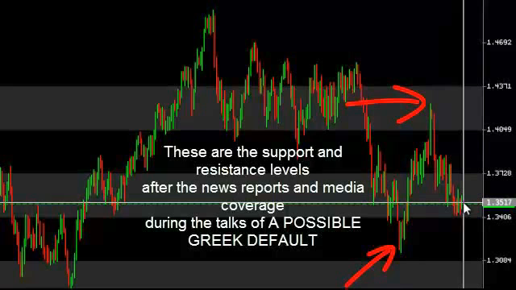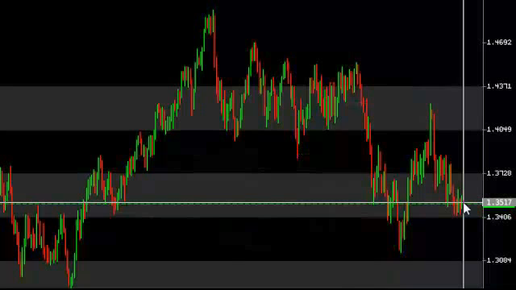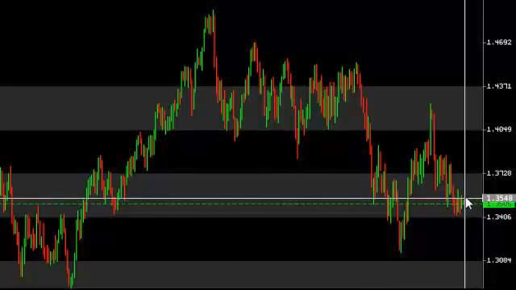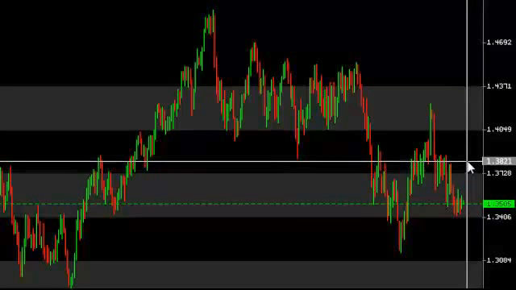What should we do? Well, because we don't think that the euro will increase in value in the long term, a couple of months from today, we obviously don't want to get stuck in buy positions, even though the euro can increase to 137, 138 on a good news report, for example.